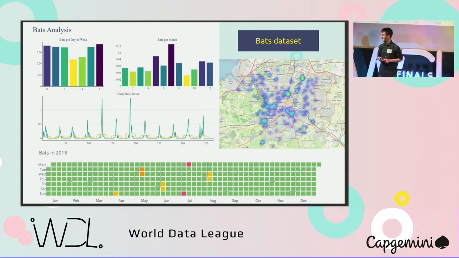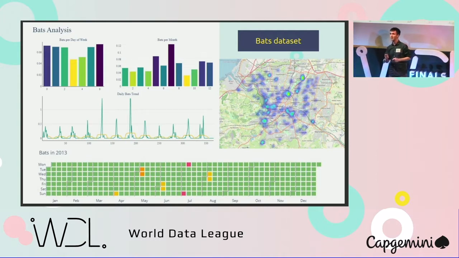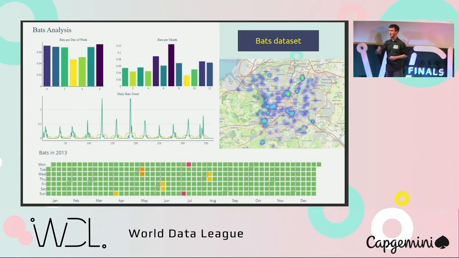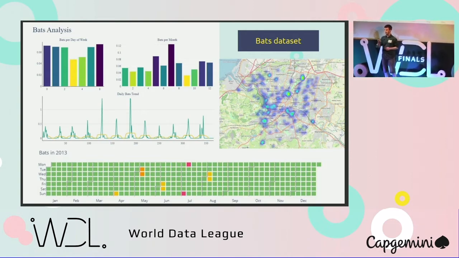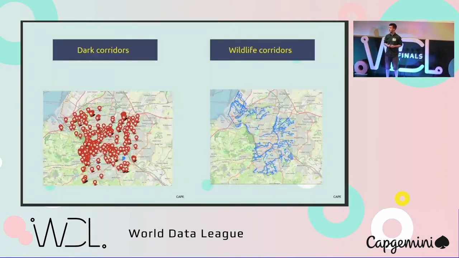That's 2013, and the red dots are the dates in which the information about bats was collected. So as you can see, most of the information about bats was extracted on 2 dates, making this really inconsistent and unreliable when building a model over findings that have been taken on 2 specific dates. You see a little heat map on the top of the whole population of bats there, and I think the rest of the information we can skip.